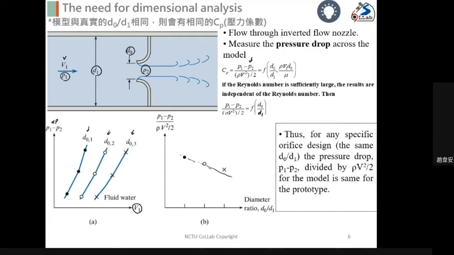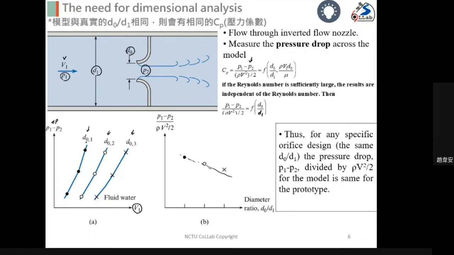So if we conduct dimensional analysis and form dimensionless parameters, we can see a simple relationship between two dimensionless parameters. But if we don't conduct dimensional analysis to remove the dimensions of each parameter, we cannot see a simple relationship between two parameters.